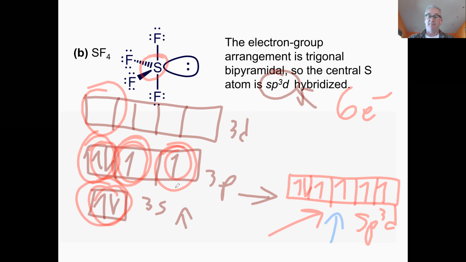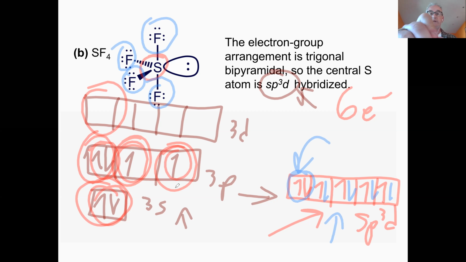Excellent, exactly. This is my lone pair, and I have 4 electrons all by their lonesome without a partner. And so when fluorine comes in, one of its p electrons is going to go there, there, there, there, and make 4 bonds with my lone pair left over. So 1, 2, 3, 4 bonds and a lone pair left over.